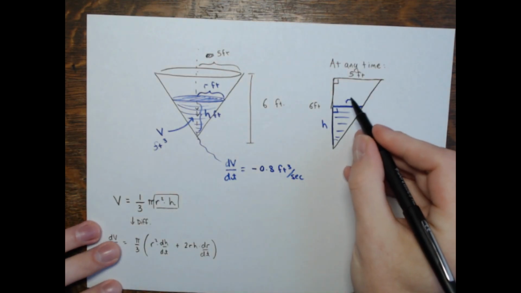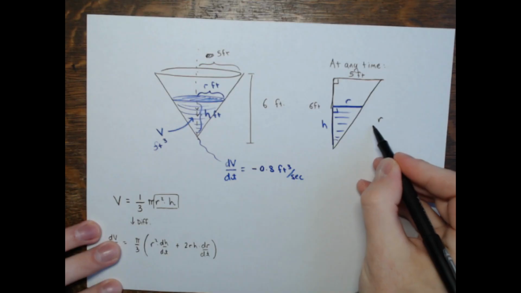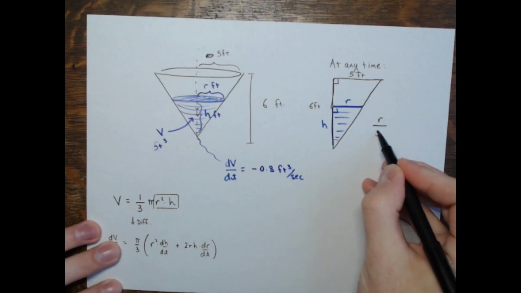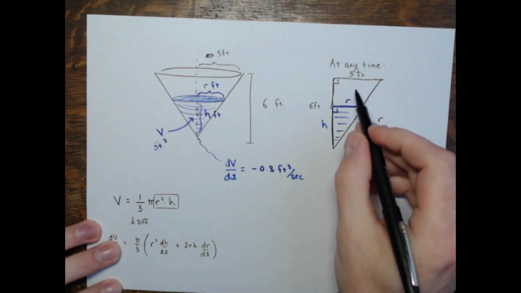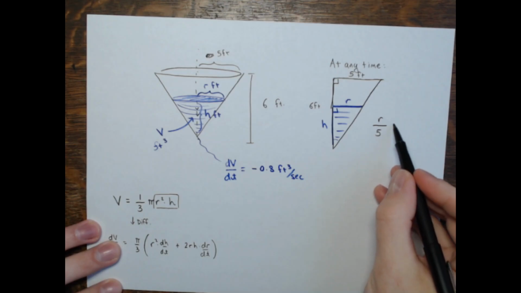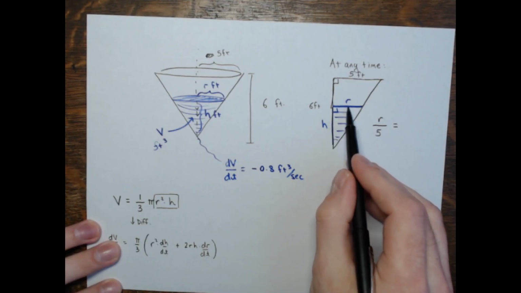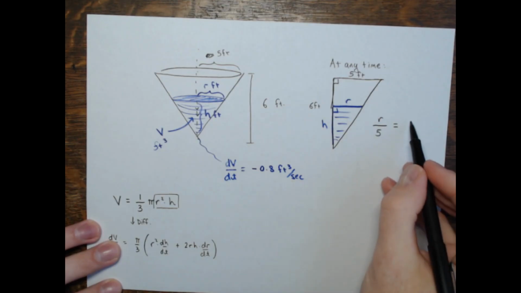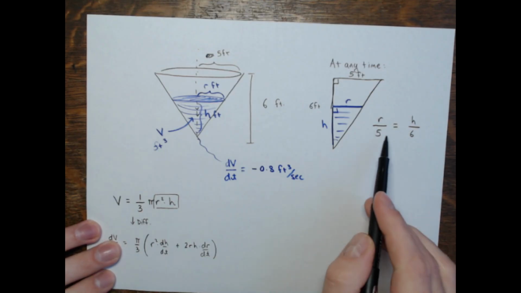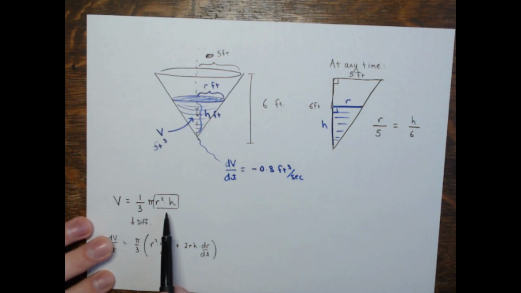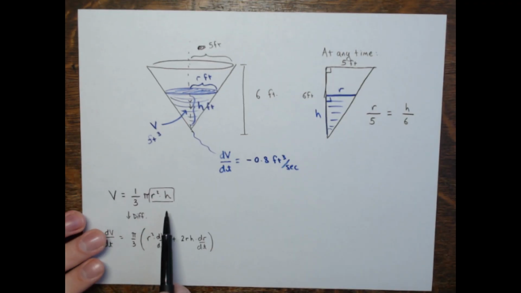So at any time, the ratio of the radius of the water triangle to the radius of the big triangle should be equal to the ratio of the height of the water triangle to the height of the large triangle, so h over 6. So I can use this and get my volume equation in terms of just the height.